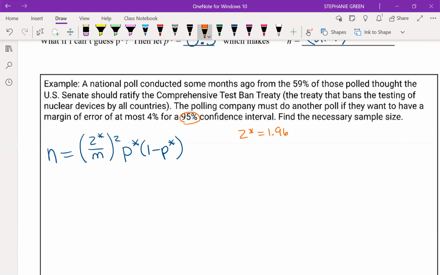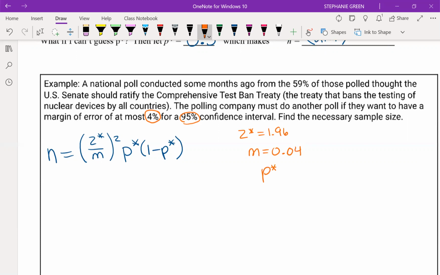Then we have M. M is our margin of error. It says here that the polling company must do another poll, and they want to have a margin of error of at most 4%. So M is 0.04, 4%. And then we have our P star, our guess at our proportion.